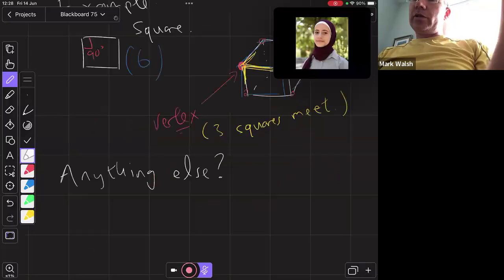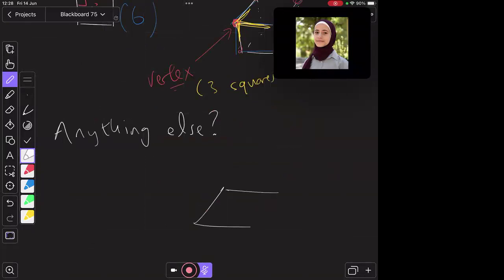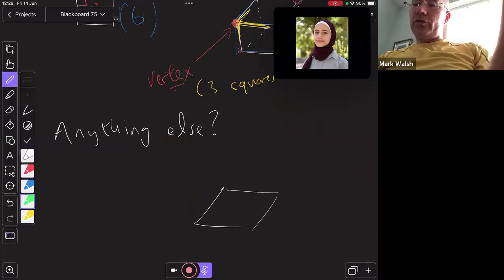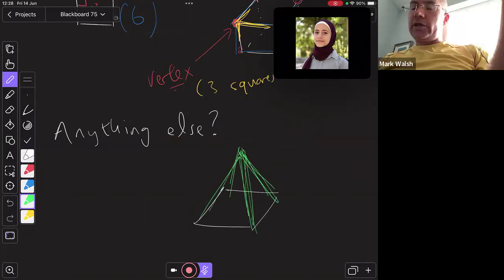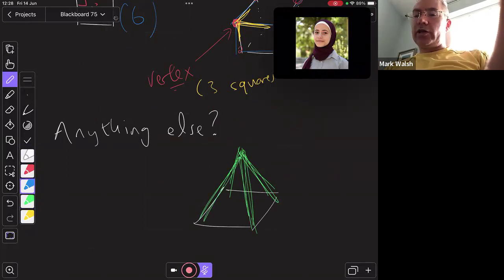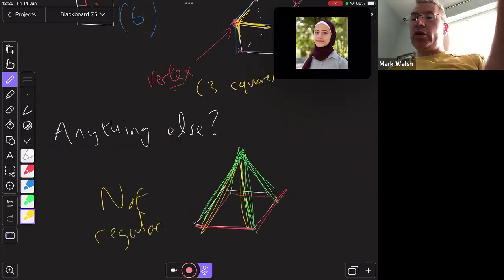You mean a square on the base, and then all of the pieces going up like that? Yeah, but that's not regular, right? It's not regular because you don't have all the faces the same. You have a square down here, and then you have triangles here. So yeah, that's true. Not regular. You're only allowed to use the one kind of face, the square face.